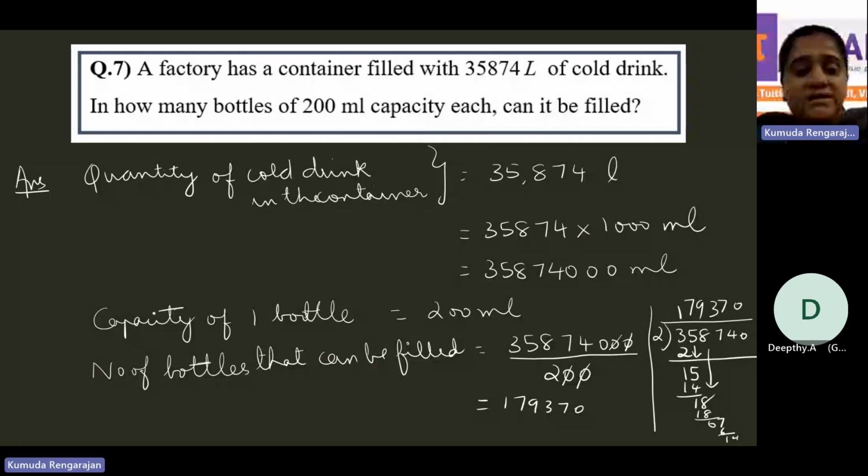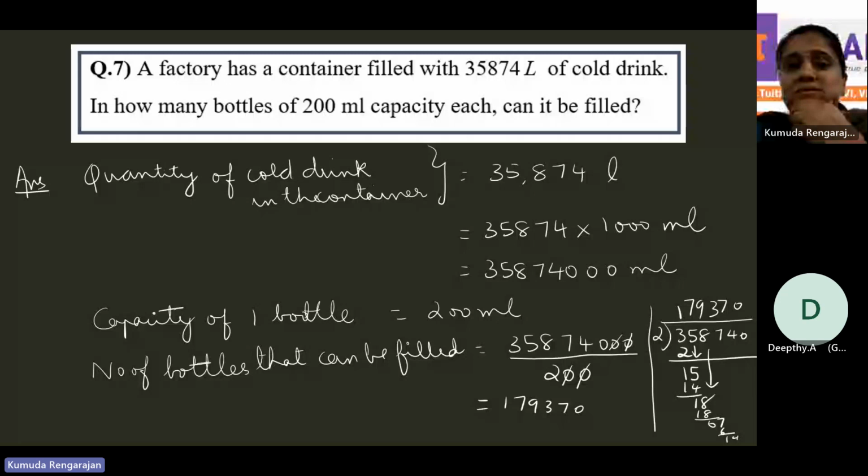For liquids, we can say capacity or quantity. And now this liquid has to be filled in many bottles. What's the capacity of one bottle? 200 ml. So how many bottles can we fill? Is the question.